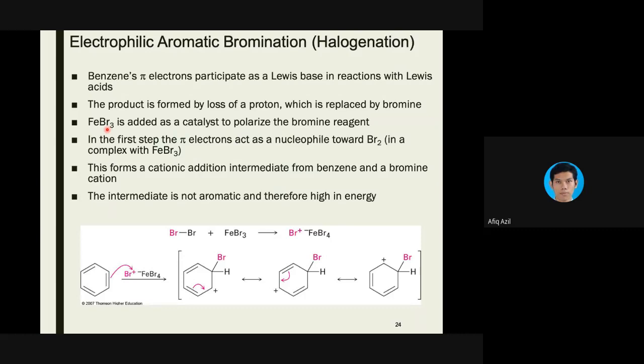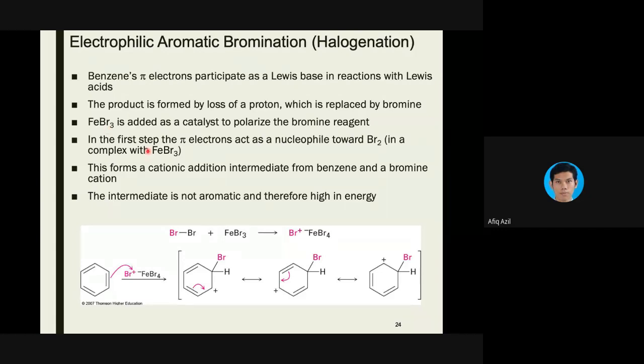But it is not being used in the reaction per se, meaning that if you add one catalyst in the beginning, at the end of the reaction, the catalyst amount will still be the same.